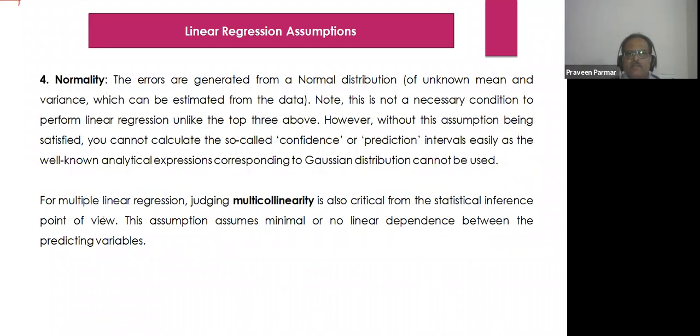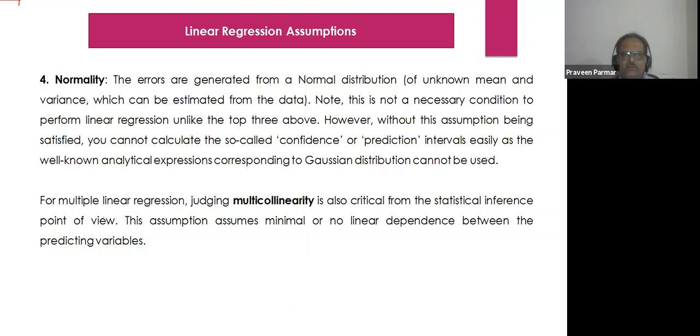Fourth is the normality. The errors are generated from a normal distribution. It is all about the error. These last three, you see, are of unknown mean and variance, which can be estimated from the data. Note, this is not a necessary condition to perform linear regression, unlike the top three above.